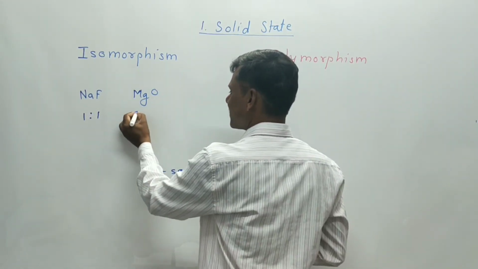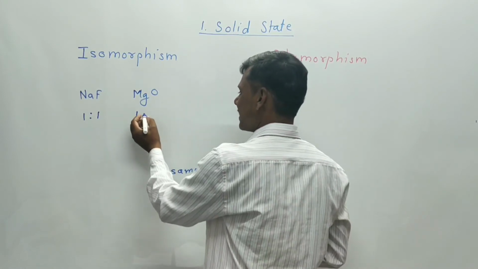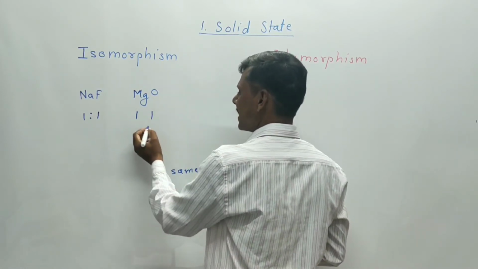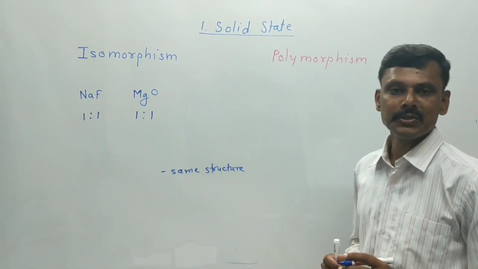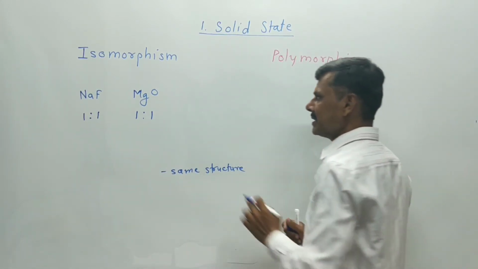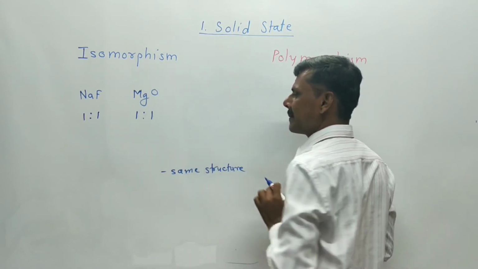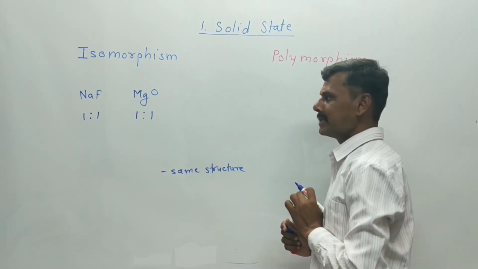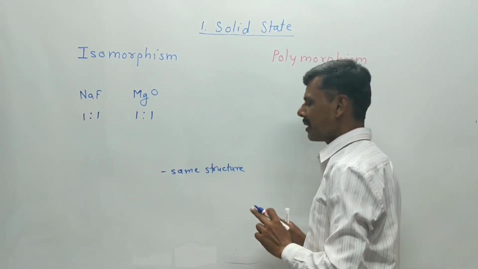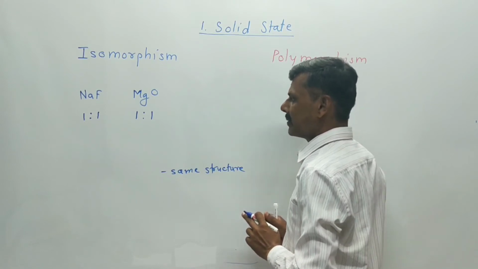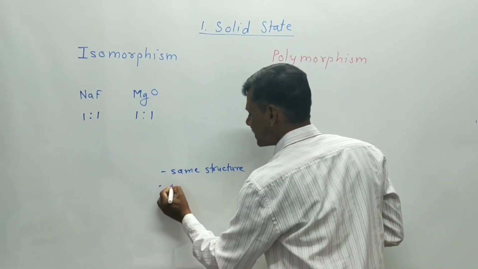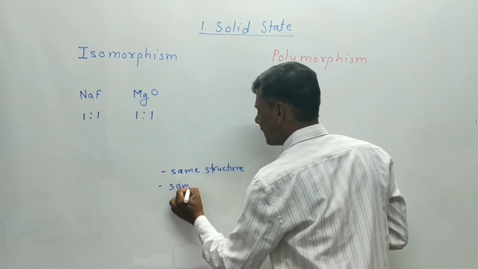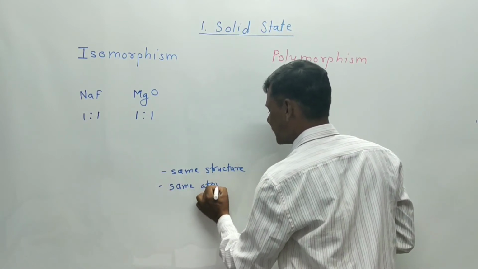In case of magnesium oxide, one magnesium atom is there, one oxygen atom is there, so the atomic ratio is 1:1. Means isomorphism, it is the phenomenon which is shown by such a compound which have same structure as well as same atomic ratio.